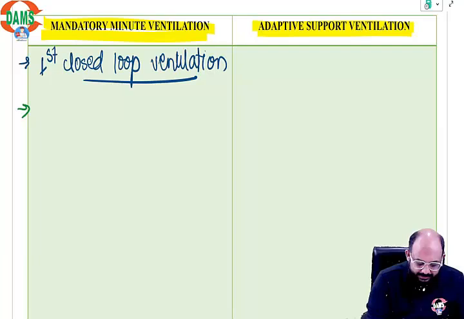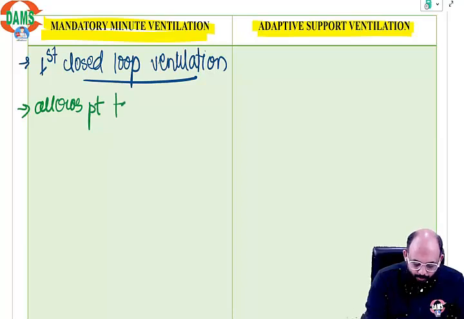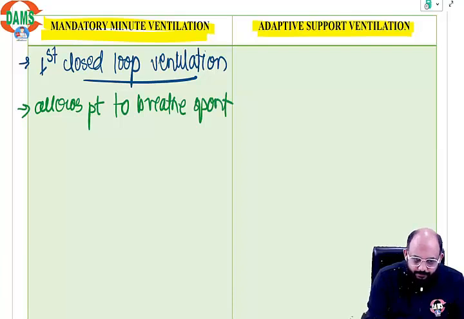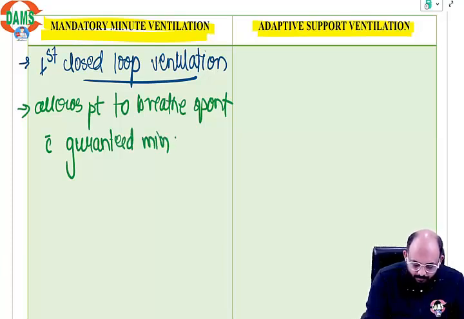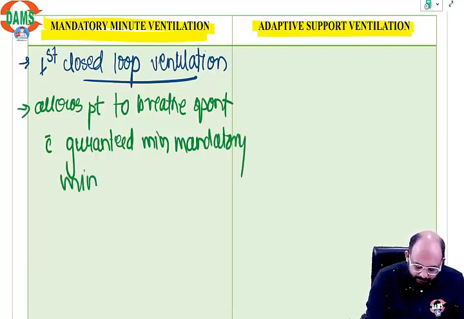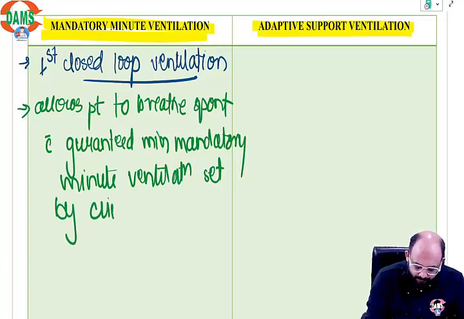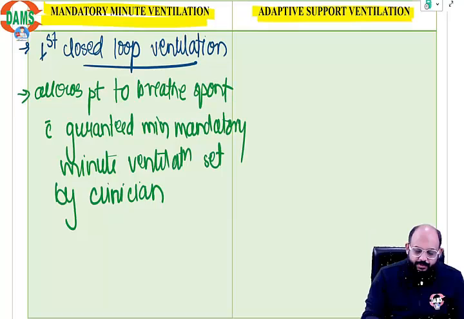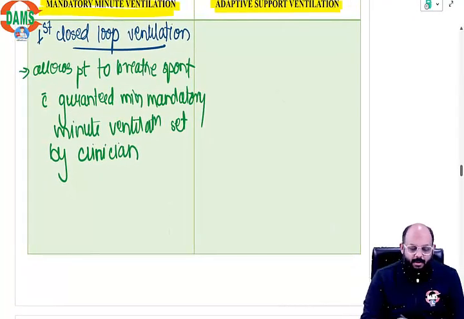So what this mode does is it allows the patient to breathe spontaneously with guaranteed minimum mandatory minute ventilation, which is set by the clinician. How does it do it?